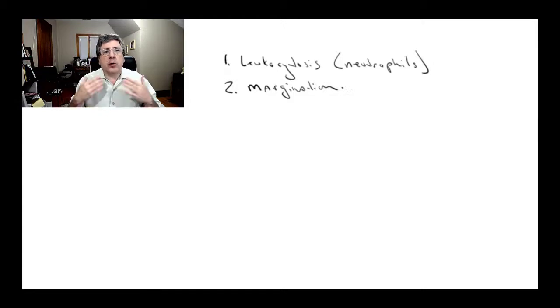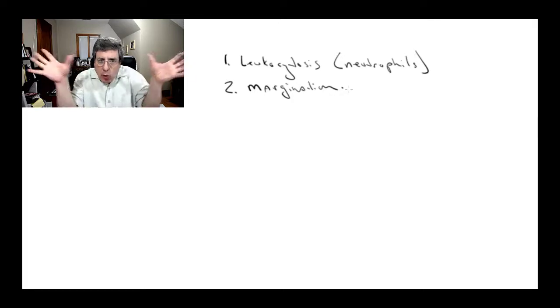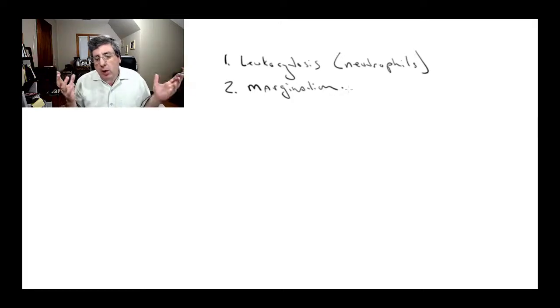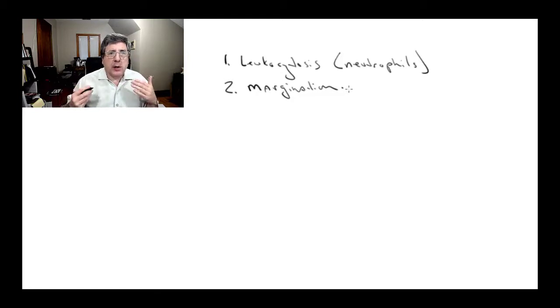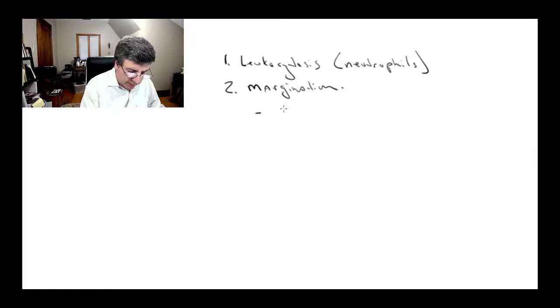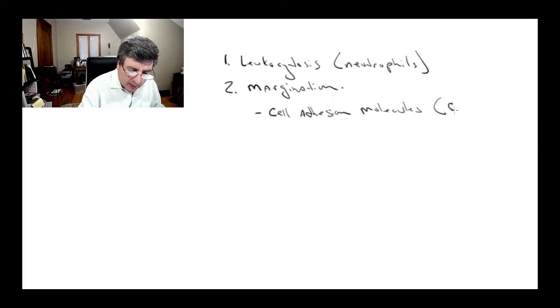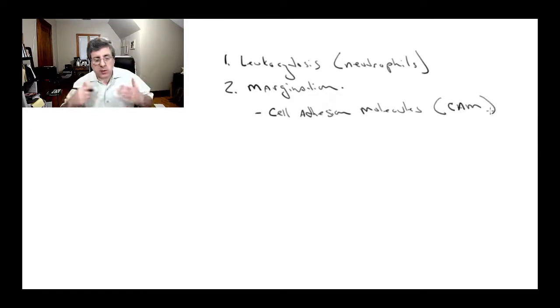When you have an injury or an infection, the injured endothelium, that inner lining of the capillary, begins to sprout or grow out little hooks, if you will. Those are called cell adhesion molecules. So this is all going to be underneath margination: cell adhesion molecules, and you'll always see that abbreviated CAM, or CAMs.